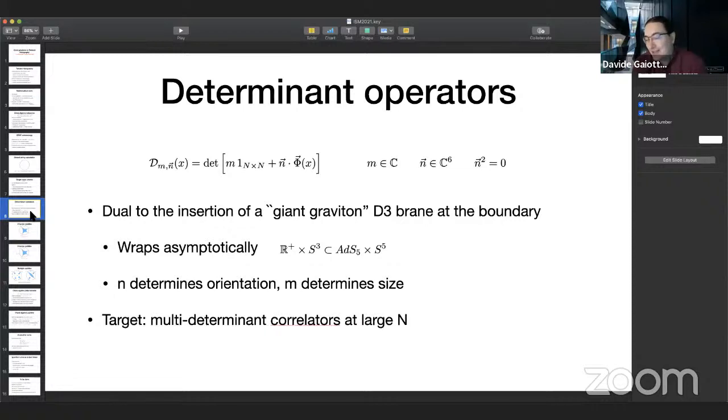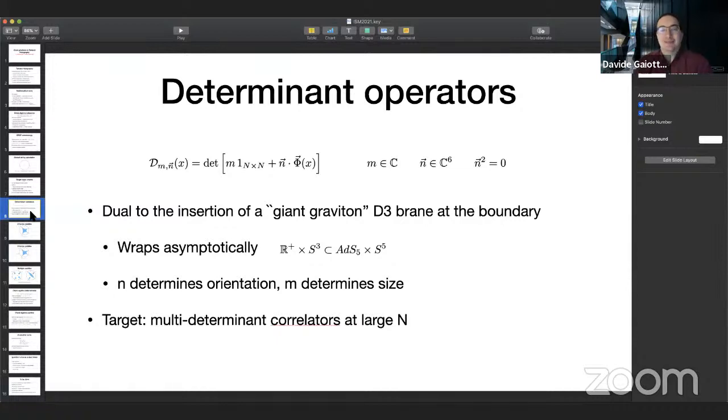But I think it should be possible to use this toy model to explore a variety of phenomena in holography. Although, to be honest, I never quite know if what has been learned has to do with supergravity or with superstring theory, because of course everything that is computed is independent of the 't Hooft coupling.